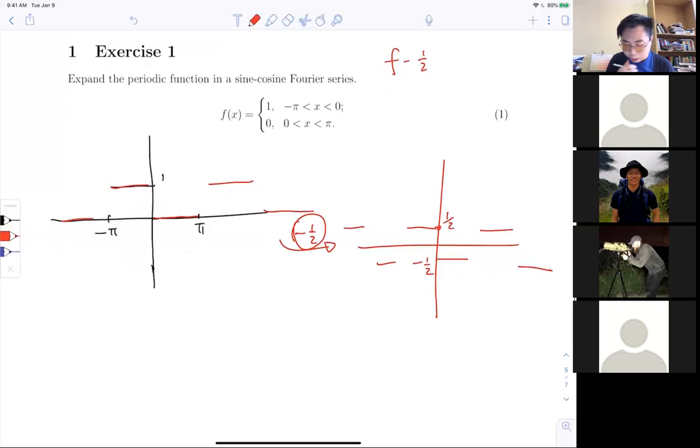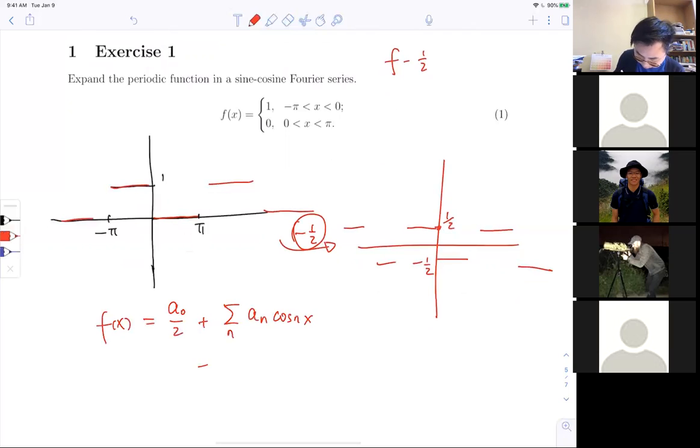The reason why we want to do this is because we know that f(x), when we do the expansion, is a_n cosine nx plus b_n sine nx, for f(x) minus 1/2.